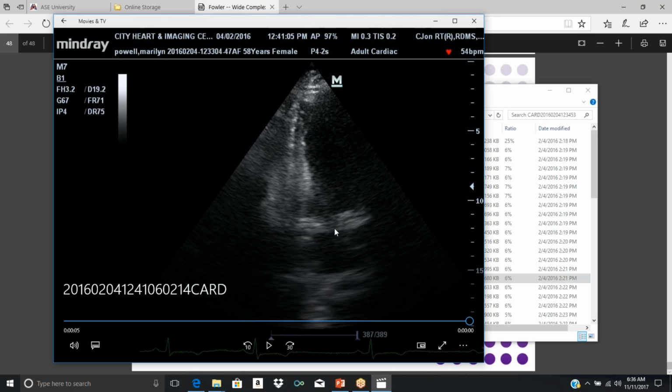So the mitral valve is right there. This area close to the mitral valve is the basal area. So this would be your basal anterior wall, this would be your mid anterior wall, apical anterior wall. And then the inferior wall, this would be your apical inferior wall, this would be the mid and then the basal inferior wall.